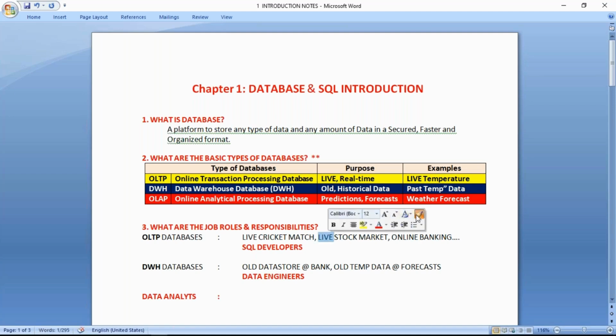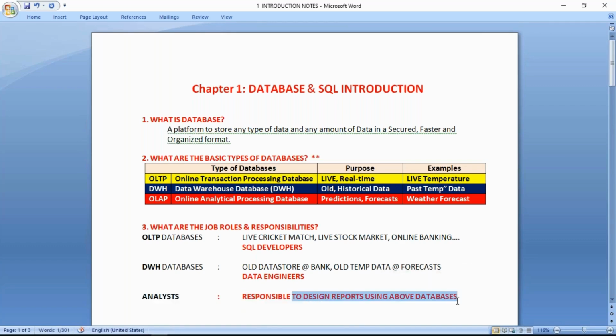Data analysts are responsible to design reports using the above databases or any other analytic activity, and also responsible to design reports using Excel.